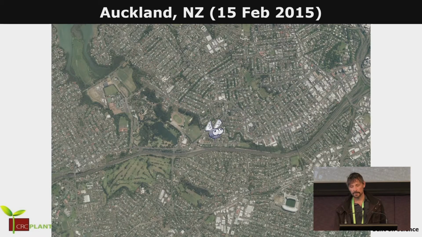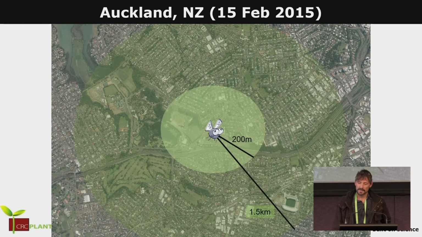So this case study we looked at was a Qfly incursion in Auckland in 2015. You can see our fly there in the middle of the picture. So their response basically involves setting up a high intensity management zone, 200 metres, and a medium intensity zone up to 1.5 kilometres around that initial detection.